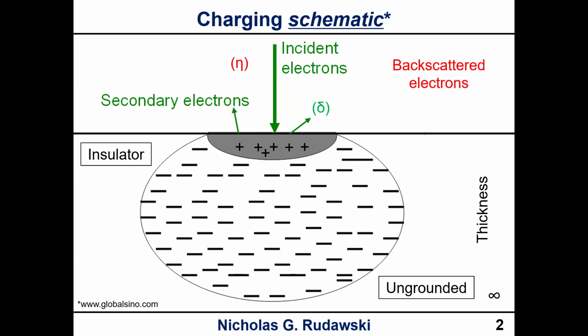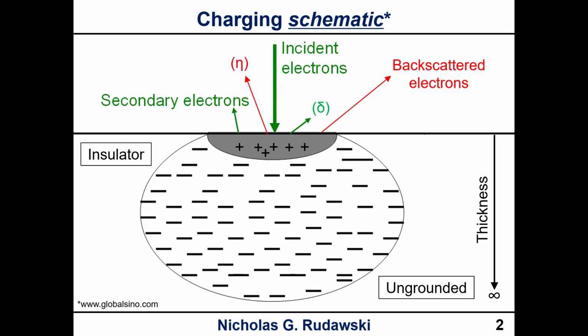We have a sample that is an insulator, which is not grounded. Sorry, this thickness arrow should have auto-populated. But this is infinitely thick, from the surface into the bulk. So when I shoot my beam of electrons at the sample, there's a few things that can happen.